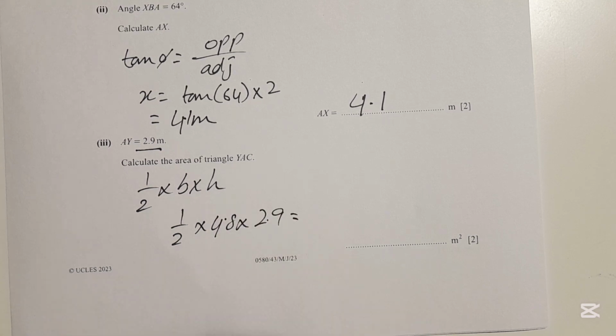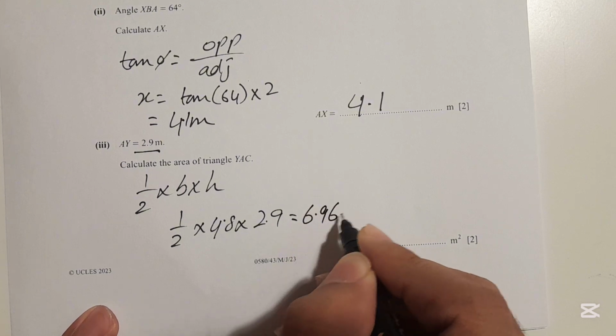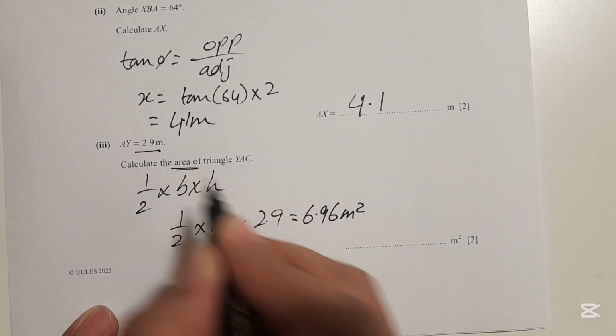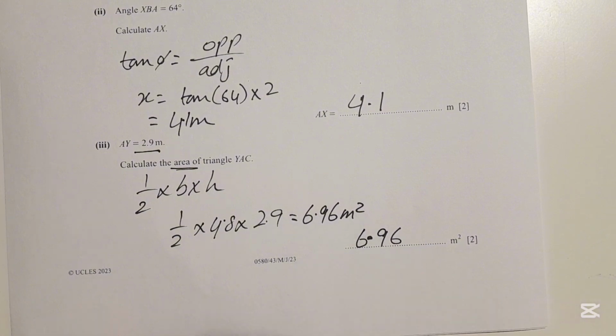So 4.8 times 2.9 divided by 2 is 6.96 meters squared, because it's an area. So 6.96 meters squared is the final answer for part 3.